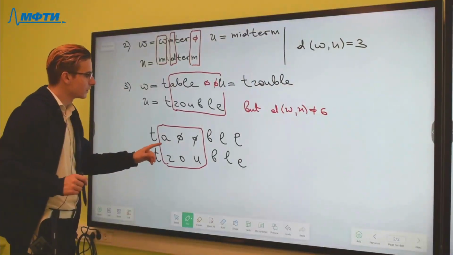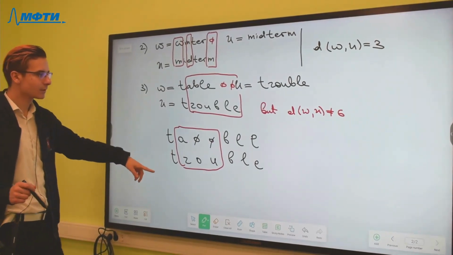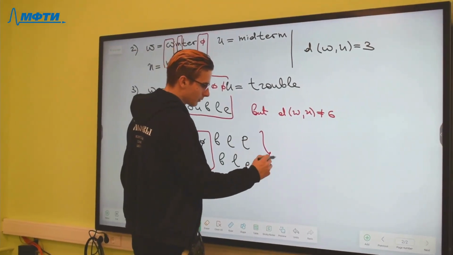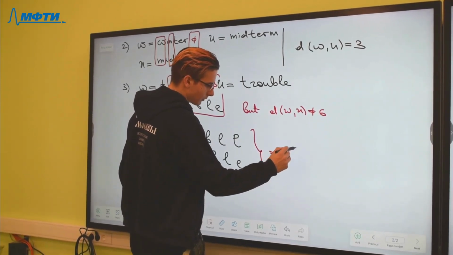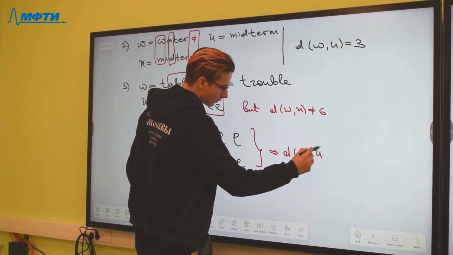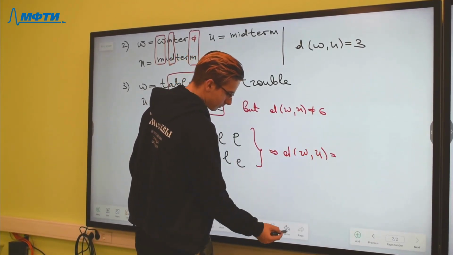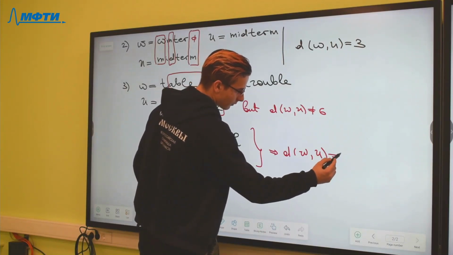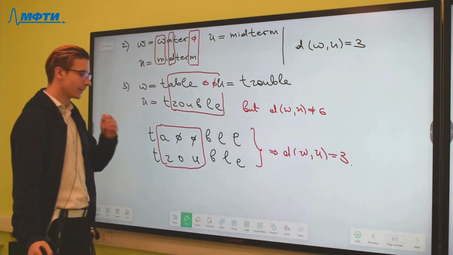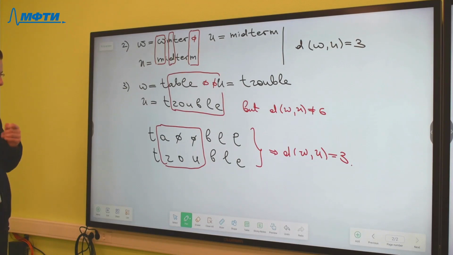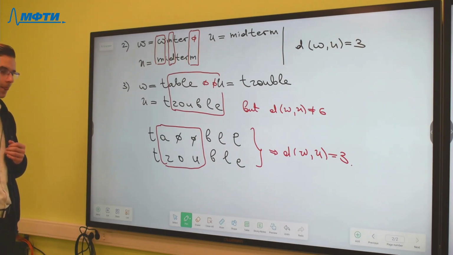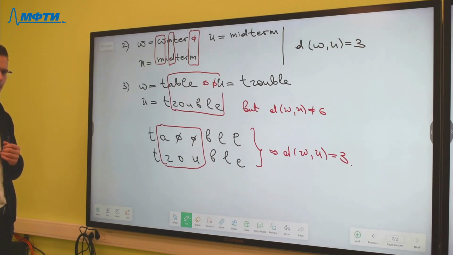So the distance between these 2 words is equal to 3. I have one question. What if instead of O in trouble, it's A?